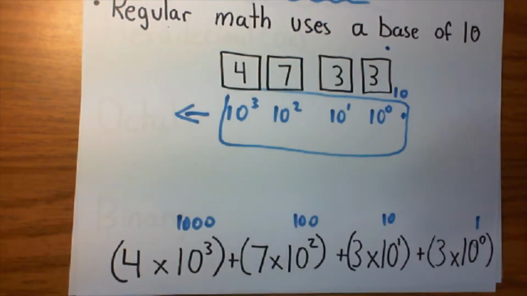So this was just an easy way for me to show you guys what I'm talking about with a base of 10, because everyone for the most part knows and understands base 10 notation, even though you might not have known that it was called base 10 or may not have even realized that it was base 10 because you're just so used to using it. You don't really think about it as base 10, but that is what it is.